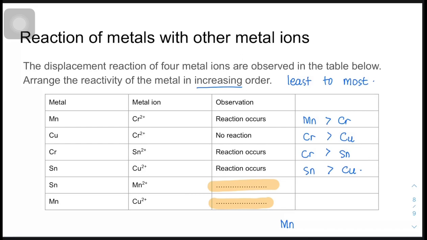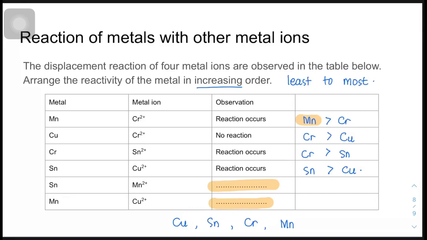So we know that manganese is the most reactive out of the four. Manganese is most reactive. Then Cr is the second most reactive. And then we have Sn and Cu. The first part of the question is done.